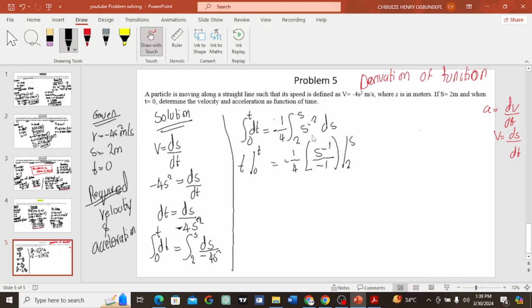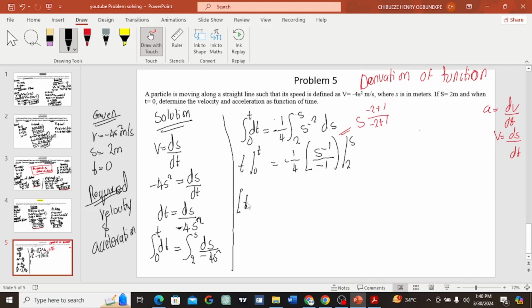I use this formula where u is x raised to the power of negative 2 plus 1, all over negative 2 plus 1. That was how I got x to the negative 1 all over negative 1.